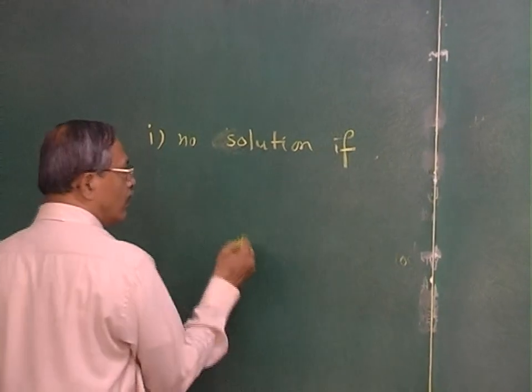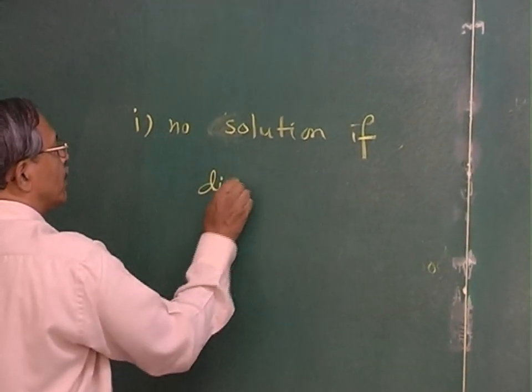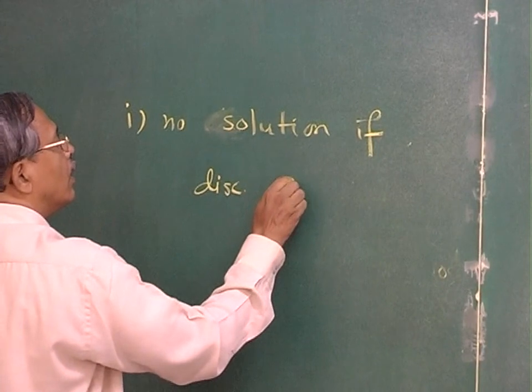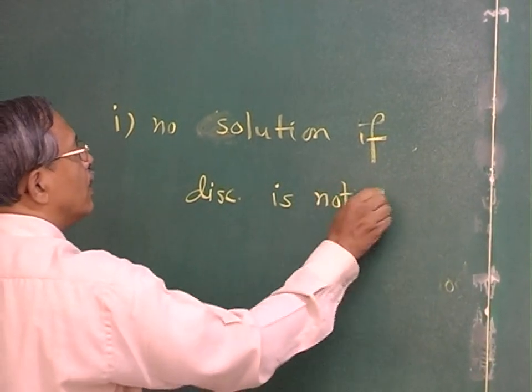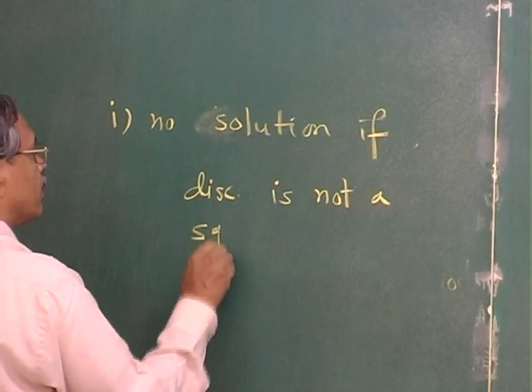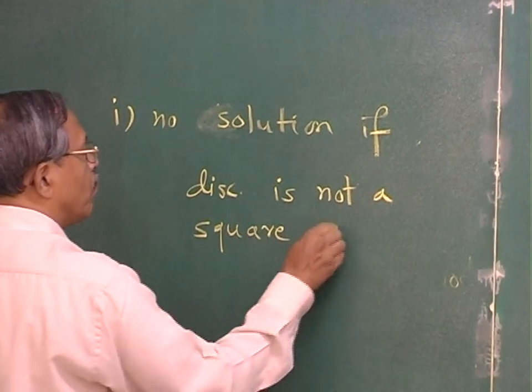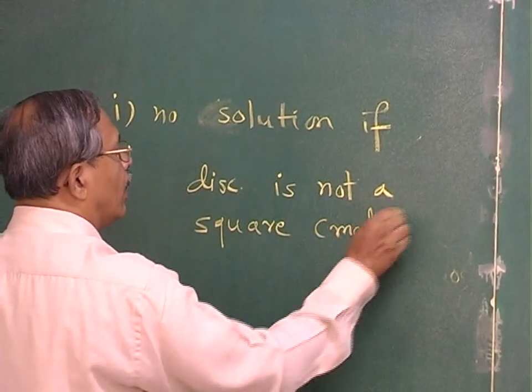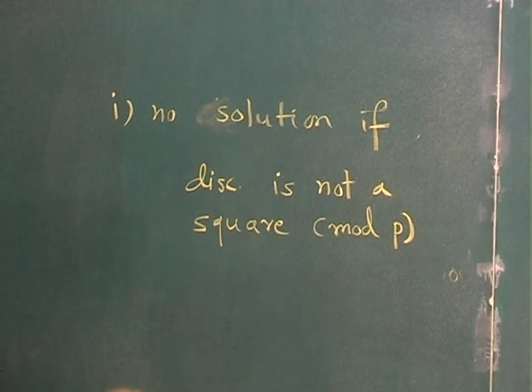if discriminant is not a square mod p, square of an integer mod p.